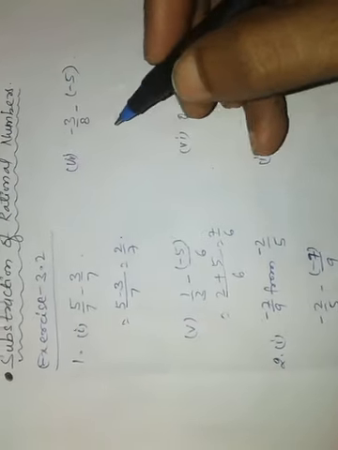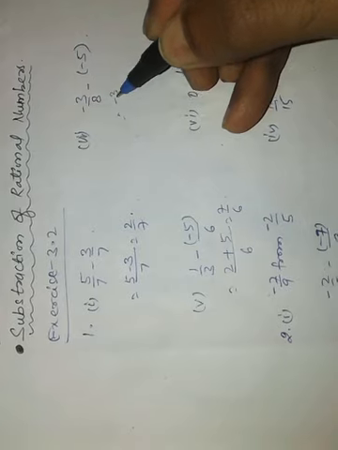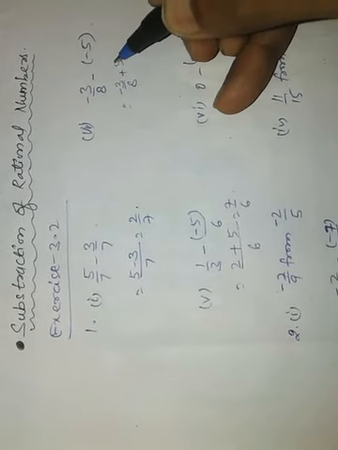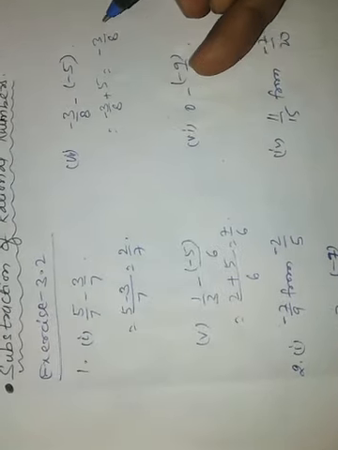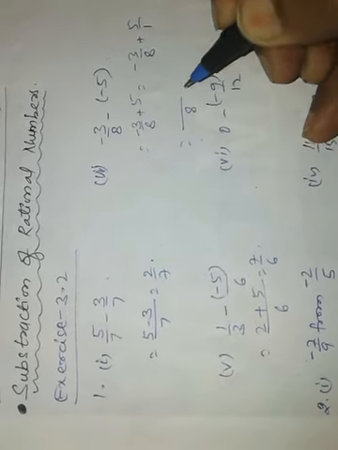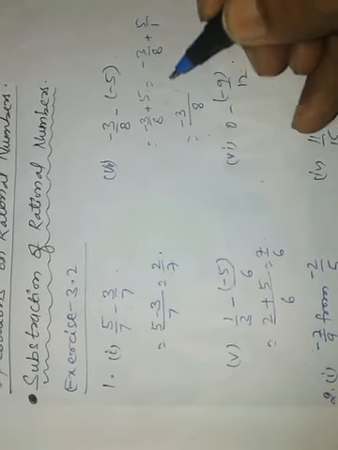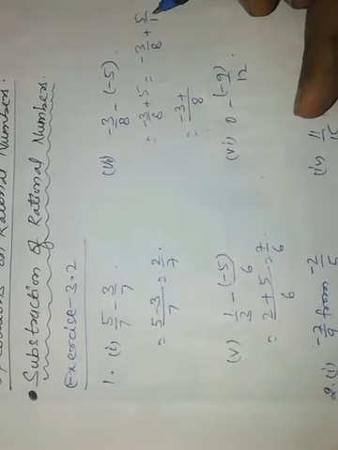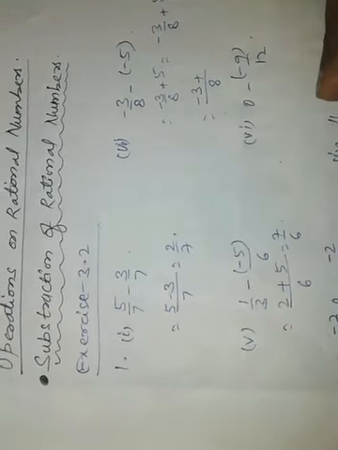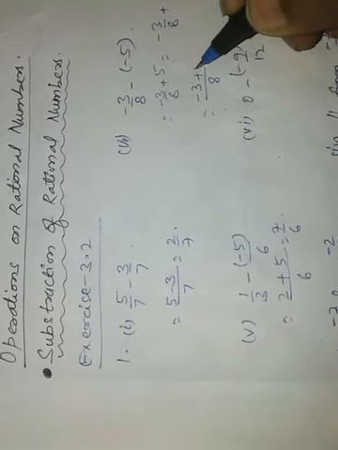Now here also, first of all, we change the sign, minus to plus 5. If there is no number in the denominator, it becomes 1. Now we take the LCM of 1 and 8. You know what the LCM of 1 and 8 is? It is 8 itself. So first we write minus 3 into 1, that is minus 3, plus 1 into 8, that is 8, and 5 into 8 is 40.